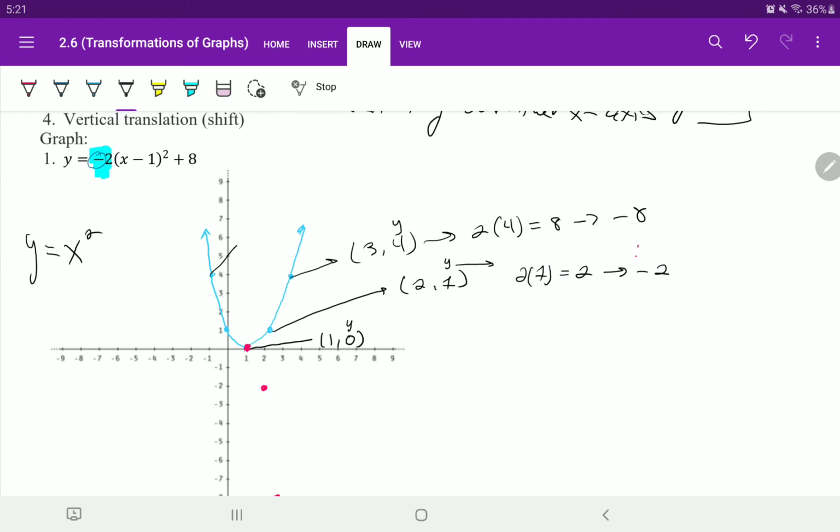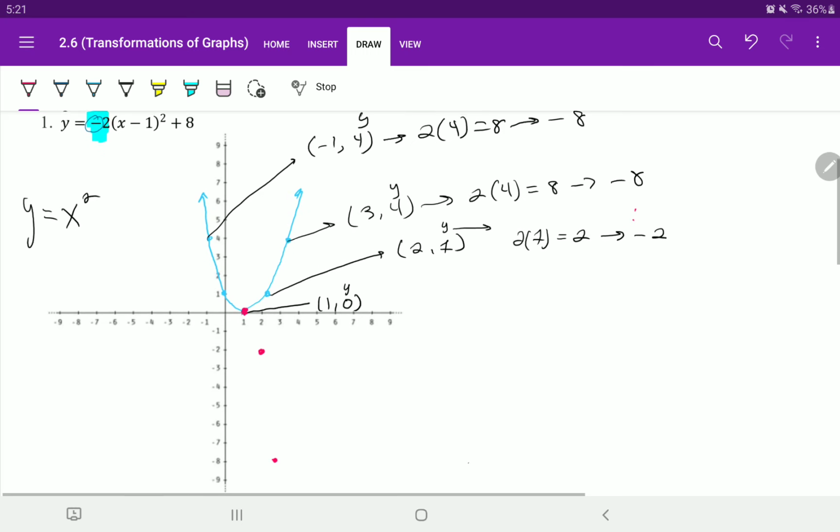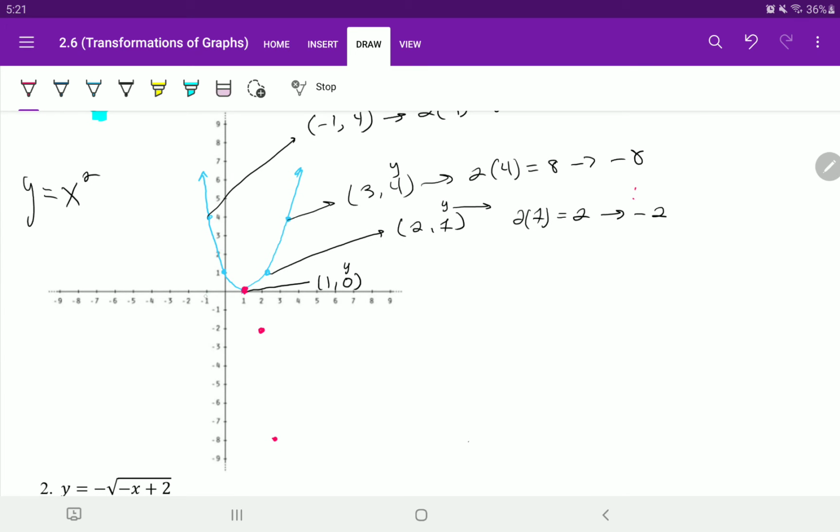This coordinate here is -1, 4. Do the same thing. Take that y coordinate, multiply it by 2. Change the sign because it's a reflection across the x-axis. That's going to be -1, 8. -1, -8, excuse me.